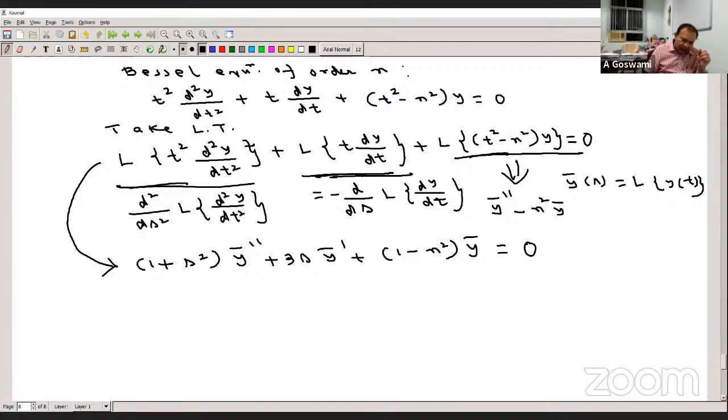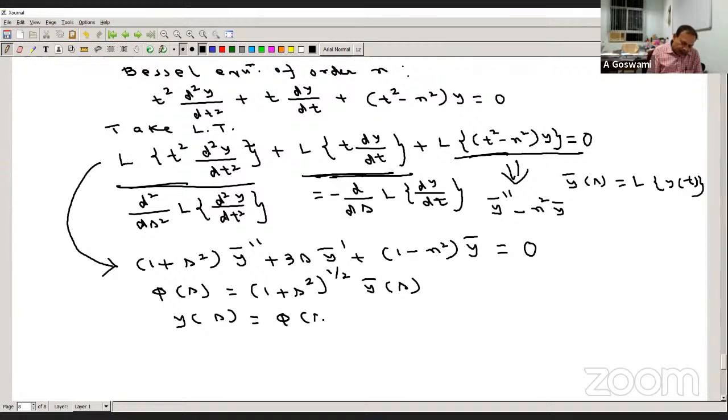Now, you have to find out the values of y bar dash and y bar double dash. Suppose you can assume something like this: phi of s is 1 plus s square to the power half into y bar of s, so that y bar of s is phi of s into 1 plus s square to the power minus half.